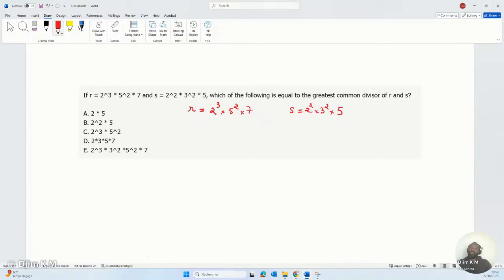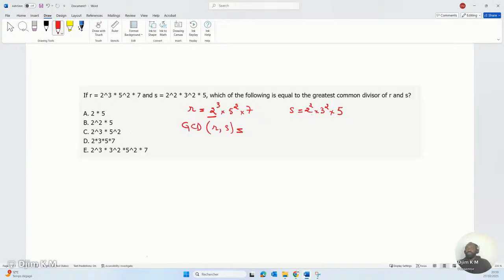So in order to find the greatest common divisor between R and S, we first of all need to look at the similar base values.